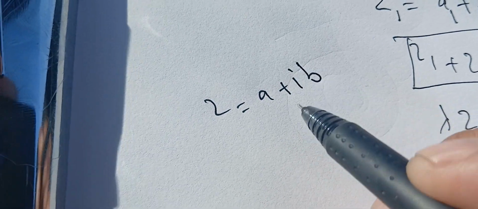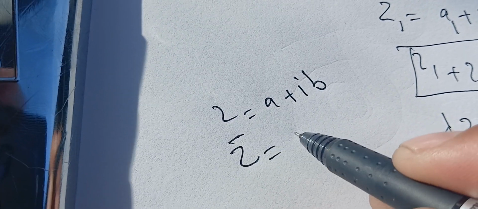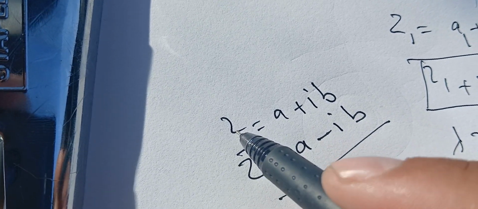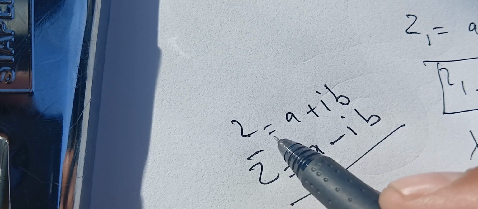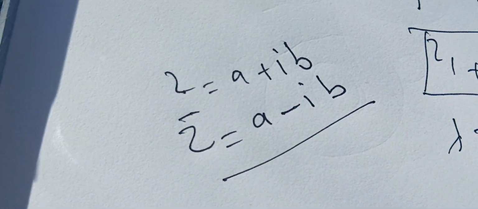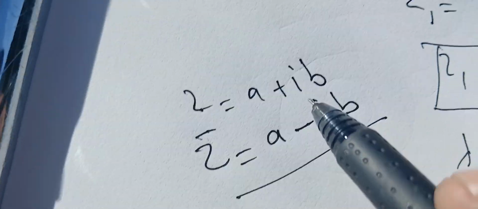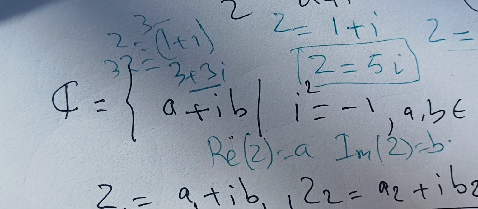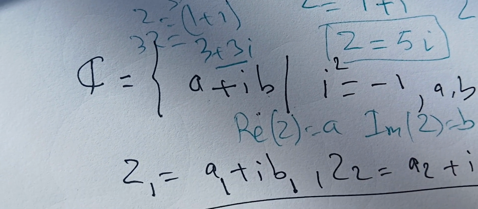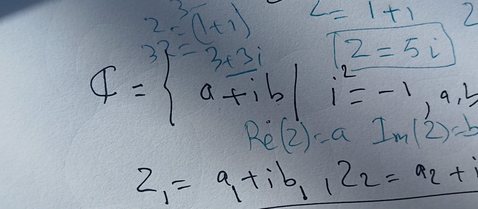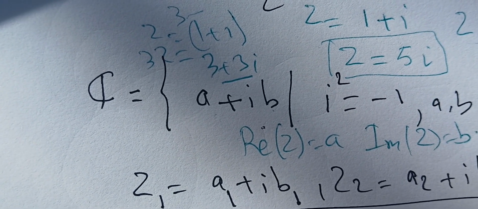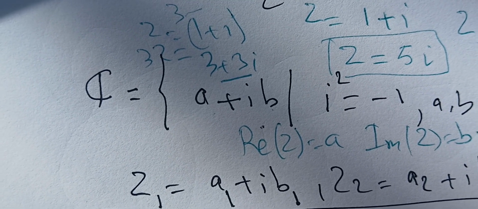If we're given that z is a plus ib, z bar, which is a minus ib, is called the conjugate of z. This is the notation for that. So here we multiply by the conjugate. In this case what we get is a over a squared plus b squared, minus i b over a squared plus b squared.